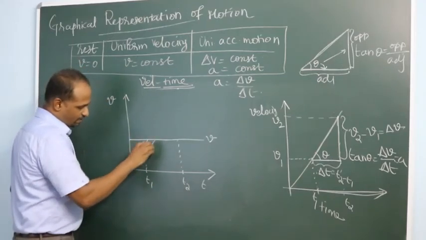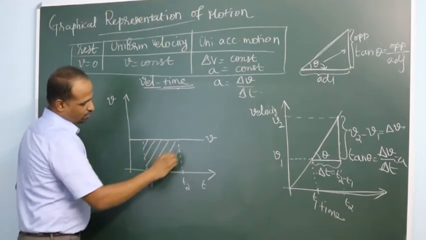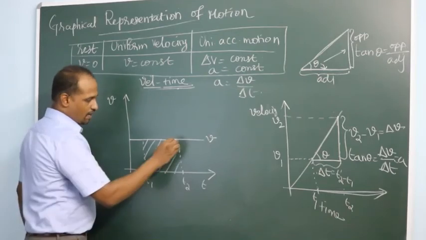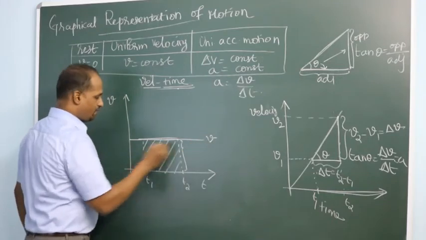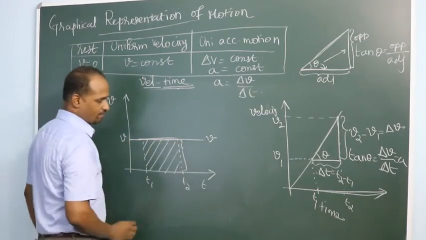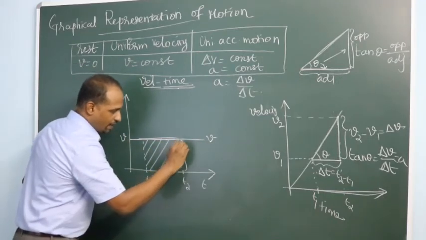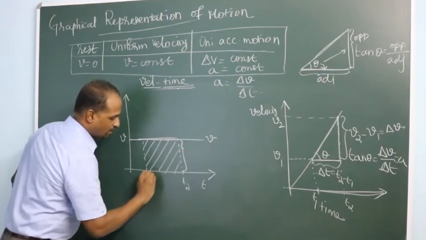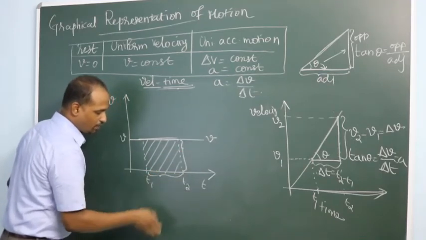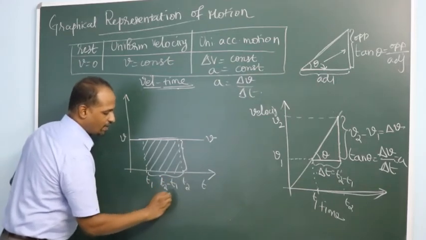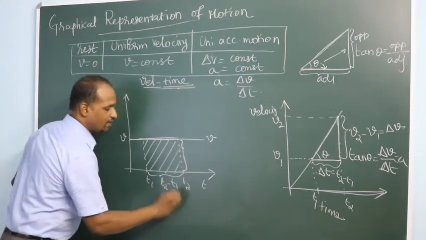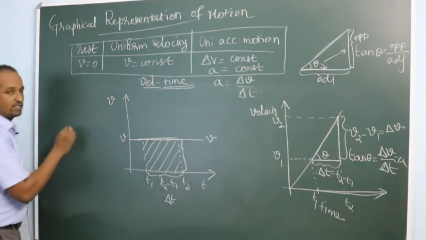So this area is a rectangular area, and this height is v because the velocity here is v. This height is v and this base is t2 minus t1, which is delta t. How do we define velocity?